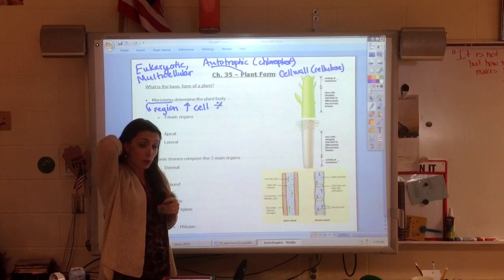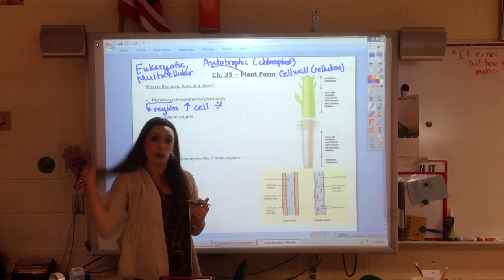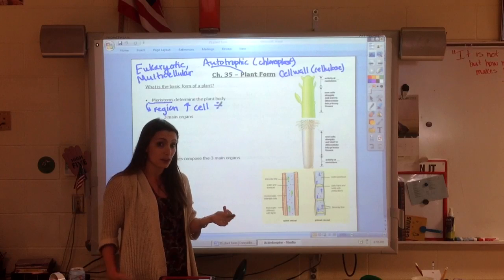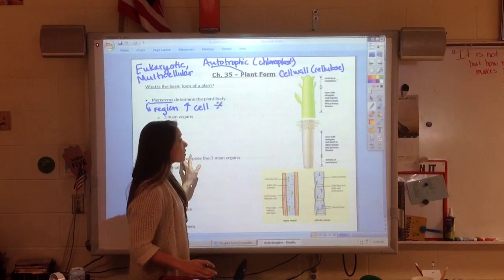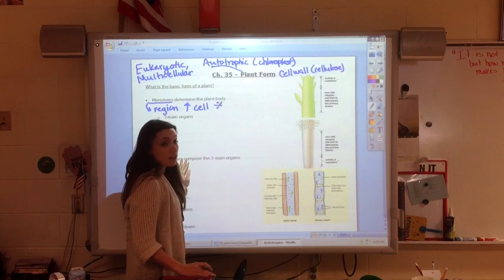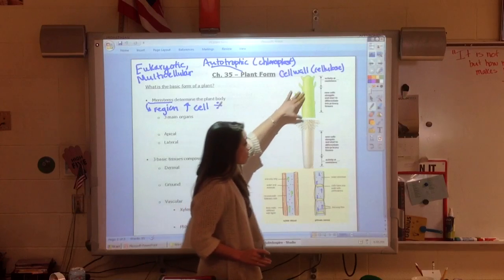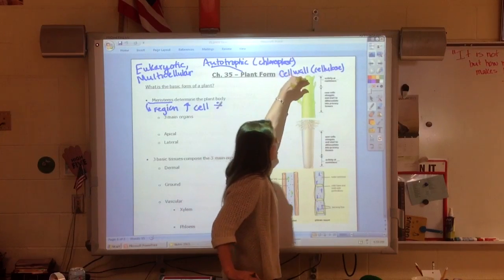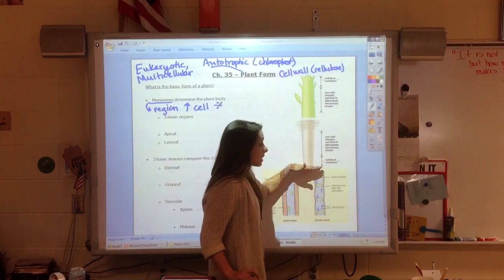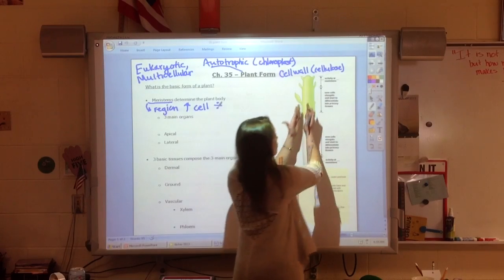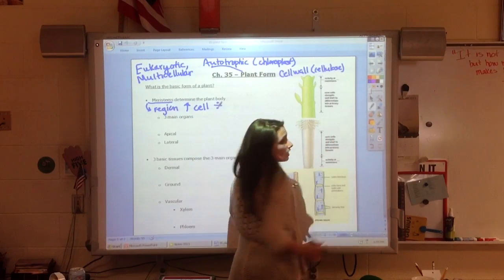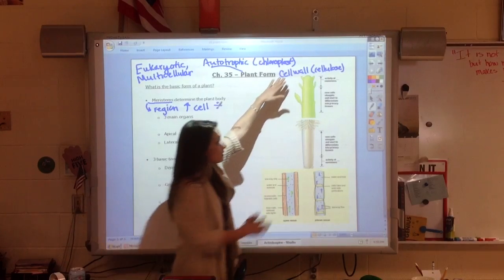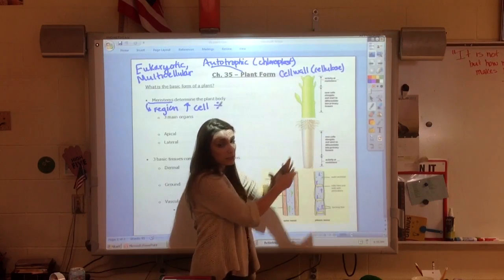While in animals we can have cell division originating from lots of different areas, in plants the majority of your growth is going to occur at regions called meristems. They grow from the top up, from the bottom down, and from the inside to the outside.